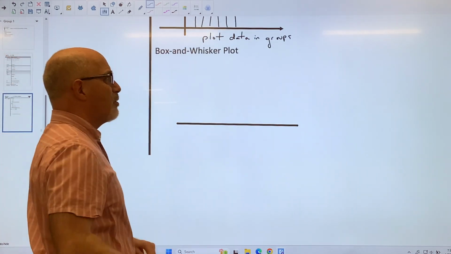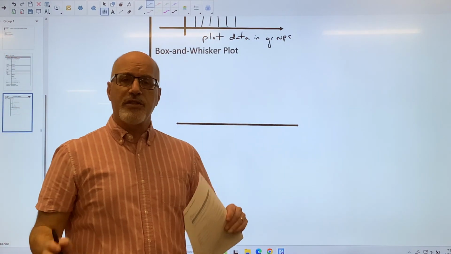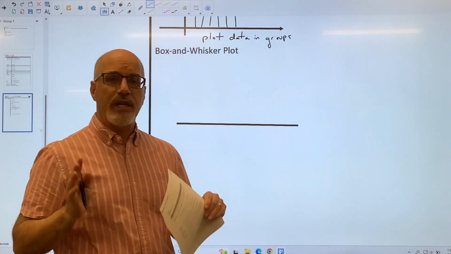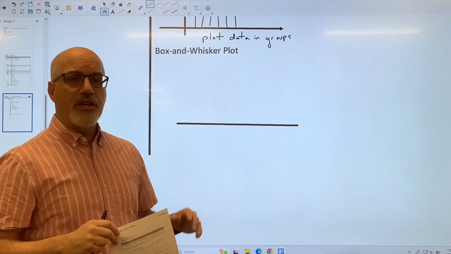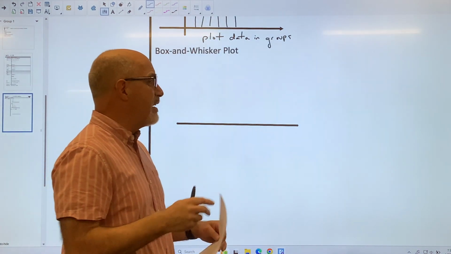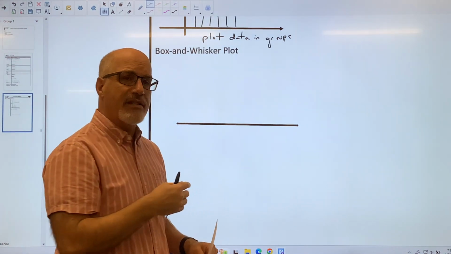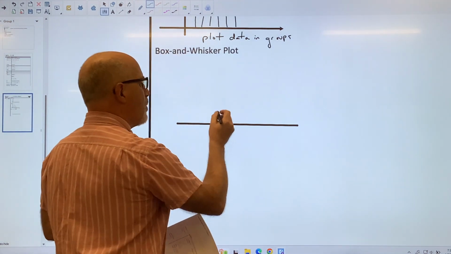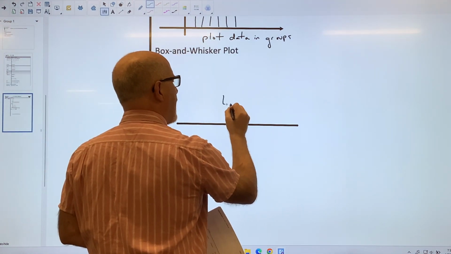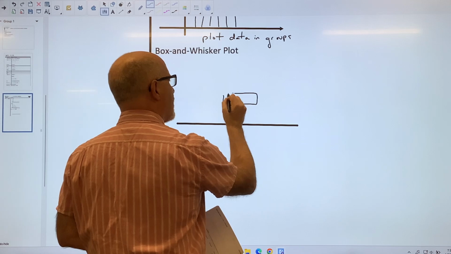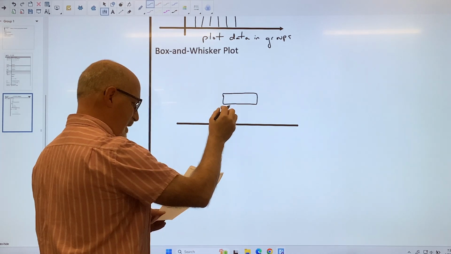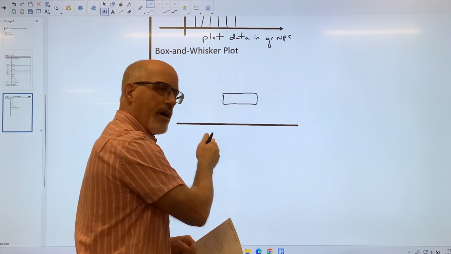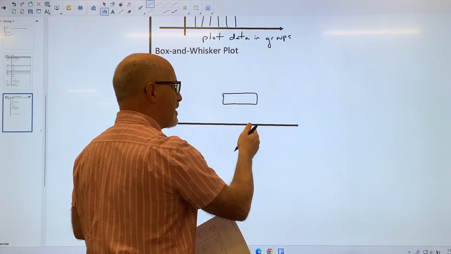Now lastly, we'll look at a box and whisker plot. Now this is where you find out what the summary data points are for the graph, and then you plot that onto a graph. Now notice I don't have a y-axis on this one, it's just the x-axis. What we usually have is a middle box, a rectangle, which represents, this is the 25th percent spot, and this is the 75th percent spot.